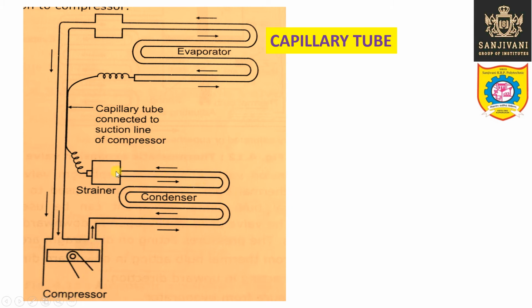From the condenser the refrigerant will go to the strainer dryer, where the impurities and moisture will be removed. Now this refrigerant will pass through the capillary tube and then enter the evaporator. From the evaporator the refrigerant will go back to the compressor, and here you can have an accumulator. This accumulator will not allow the liquid refrigerant to enter the compressor.